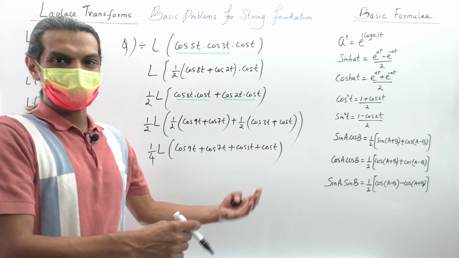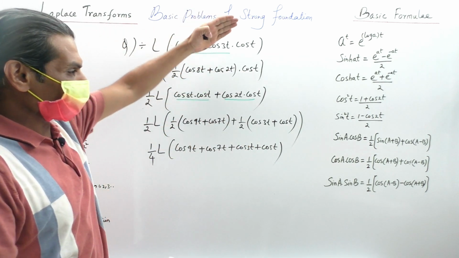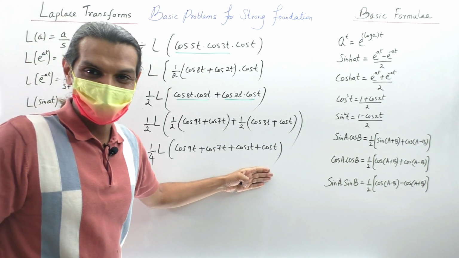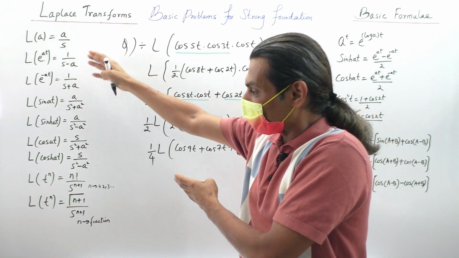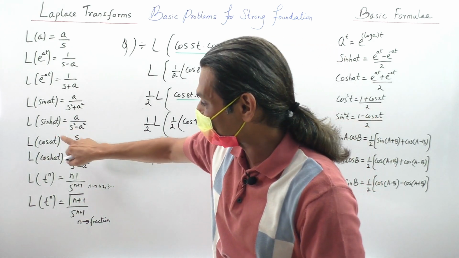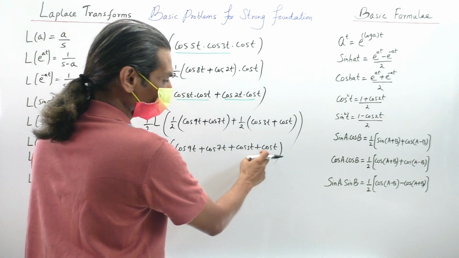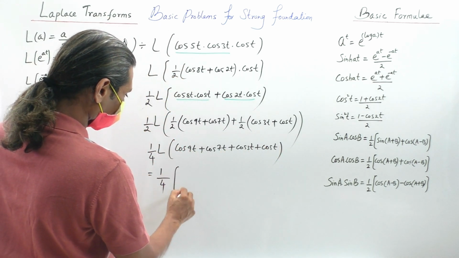Okay, so now see, from this complex multiplication form, using the formula, I reduced it to standard form plus, which is accepted by the standard results of Laplace. Cos at is s by s square plus a square. So write it now. a is 9, a is 7, a is 3, and a is 1. So we have the answer as 1 by 4.